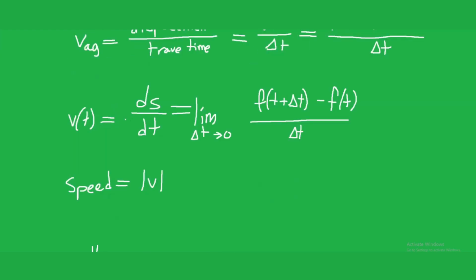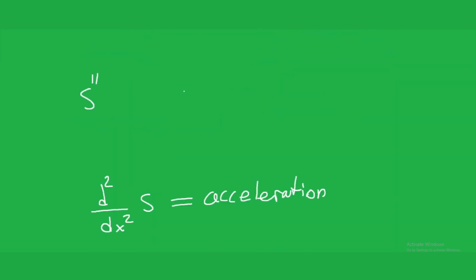If I were to have a graph here, I'll just make a graph. Let's say s of t was just a parabola, for example, t squared, equals s. If that's the graph, the derivative of this is going to be 2t, which would be velocity.